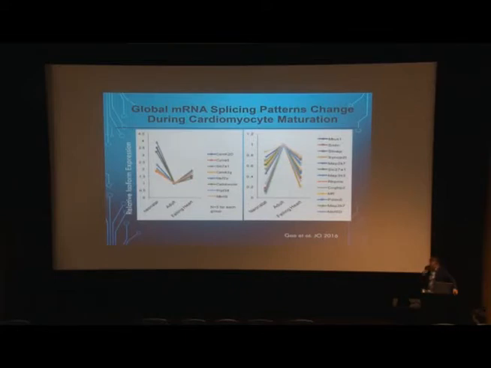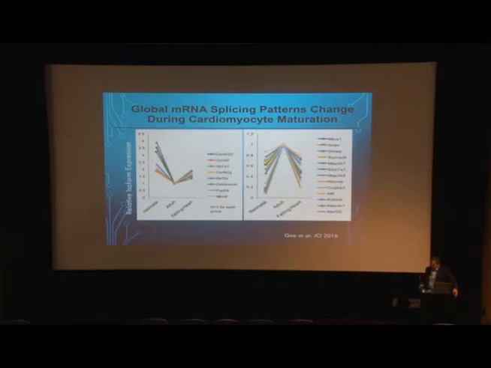And so we looked at many of the known splicing variants that we know will be changed during development. And indeed, we find many of those exons that are alternatively spliced during the maturation period between neonate and adult, and interestingly, many of those same exons, or same alternative splicing events, are reversed in the failing heart.